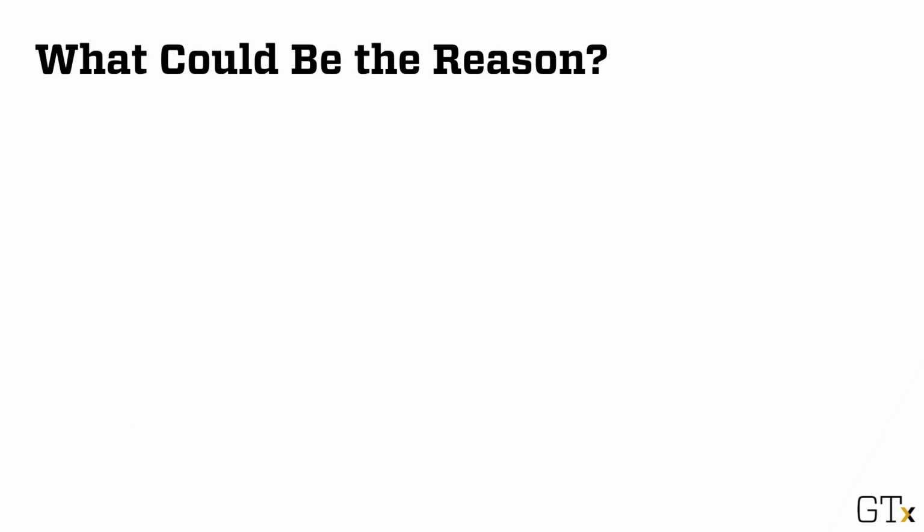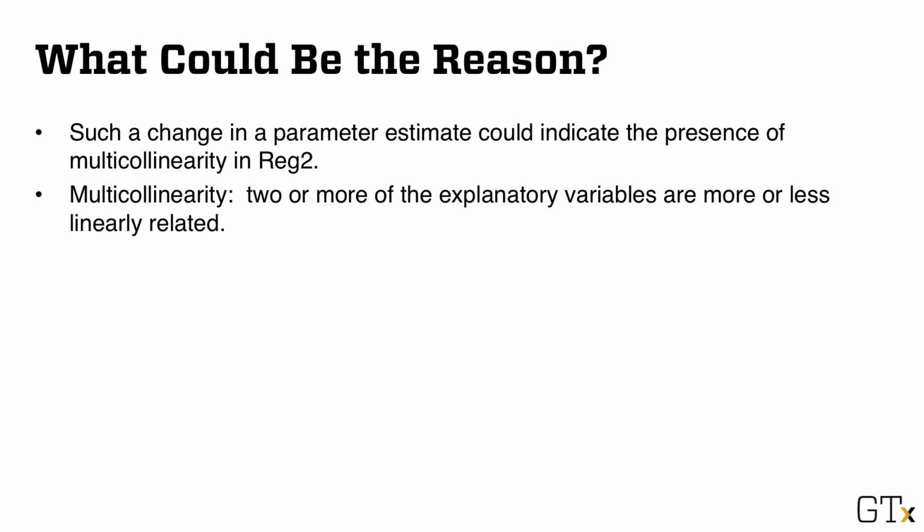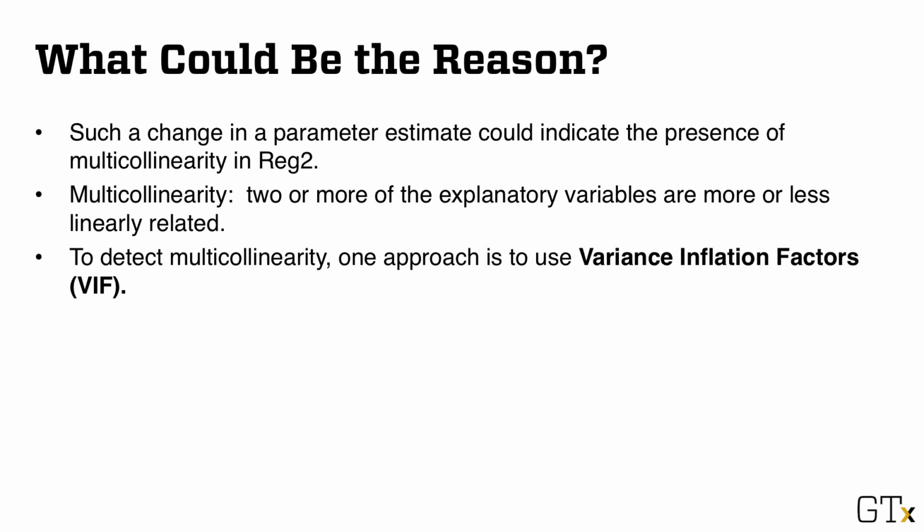What could be the reason for this? This could indicate the presence of multicollinearity in the model reg 2. Multicollinearity is when you have two or more of the explanatory variables more or less linearly related. To detect multicollinearity, one approach is to use VIF, or variance inflation factors.